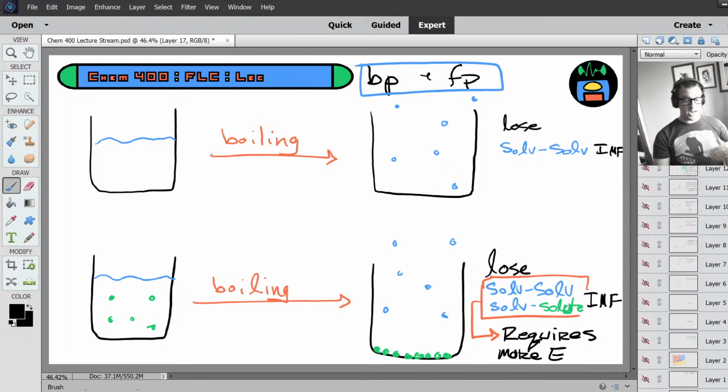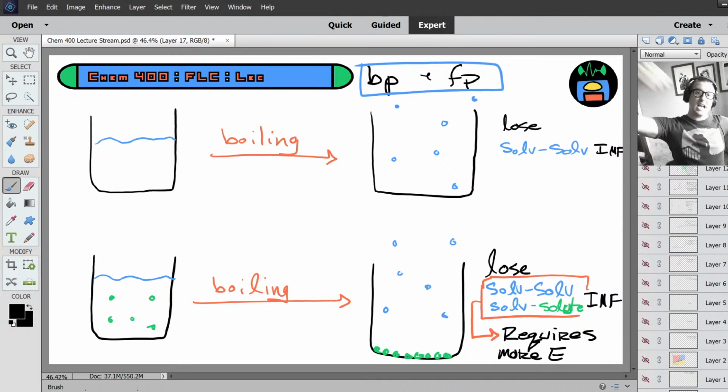And that is why the boiling point of a solution is higher than the boiling point of a solvent, because we have to put more energy in to break up all the intermolecular attractions, right? The way to think about it is the attractions are holding the molecules together.